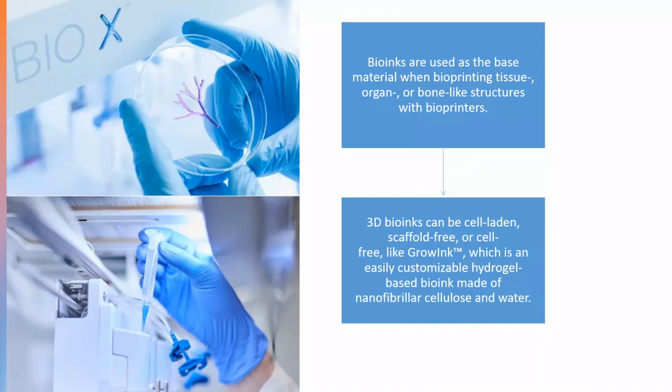Bioinks are used as the base material when bioprinting tissue, organ, or bone-like structures with bioprinters. 3D bioinks can be cell-laden, scaffold-free, or cell-free, like GrowInk, which is an easily customizable hydrogel-based bioink made of nanofibrillar cellulose and water.